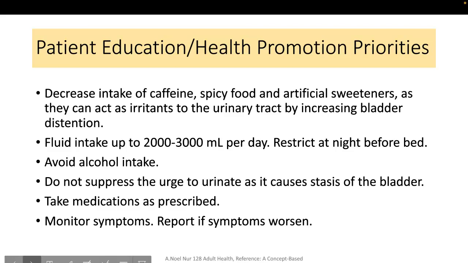You also want to tell them, don't hold your urine, don't suppress it. Go to the restroom if you feel like you need to go. Go when the urgency begins. Take your medications as prescribed to relieve the obstruction and increase urine flow. Timed void schedules, or voiding schedules, are helpful. What this means is that there's a time that the patient is scheduled to go to the restroom.